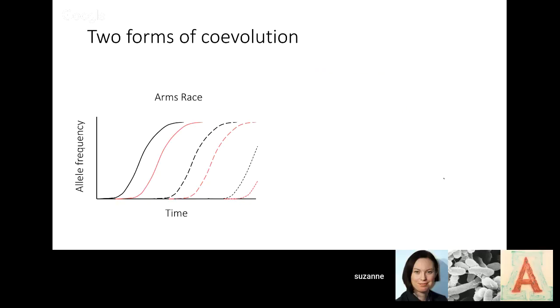And likewise, if a host has a trait that is generally beneficial and so allows them to resist a wide range of pathogens, then again, that would spread to fixation. And so this model is basically based upon these kinds of interactions. And so you see recurrent selective sweeps like this, and they tend to result in escalating traits.